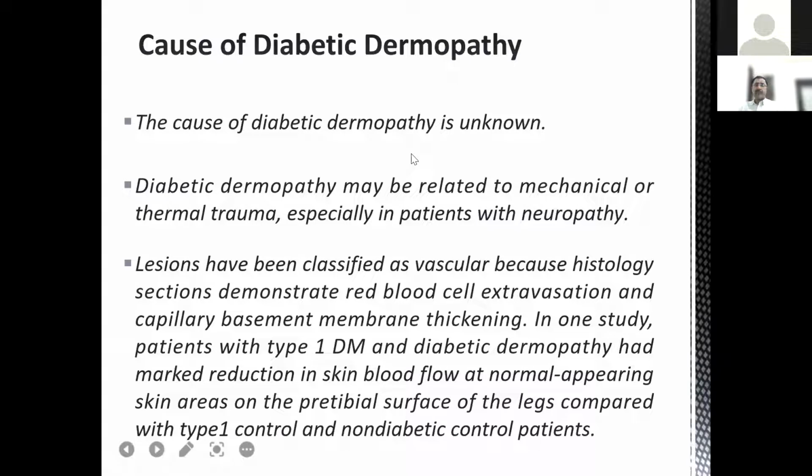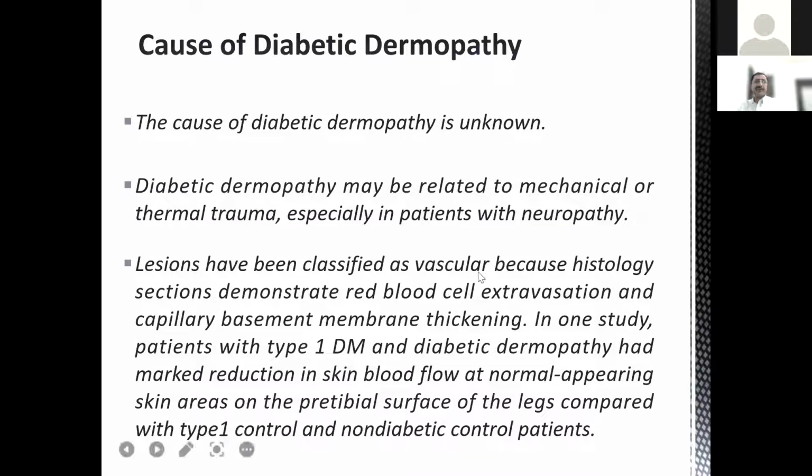Those histological sections demonstrate. In one study, patients with type 1 diabetes and diabetic dermopathy had marked reduction in skin blood flow at normal appearing skin areas on the pretibial surface compared to diabetic control and non-diabetic control patients.